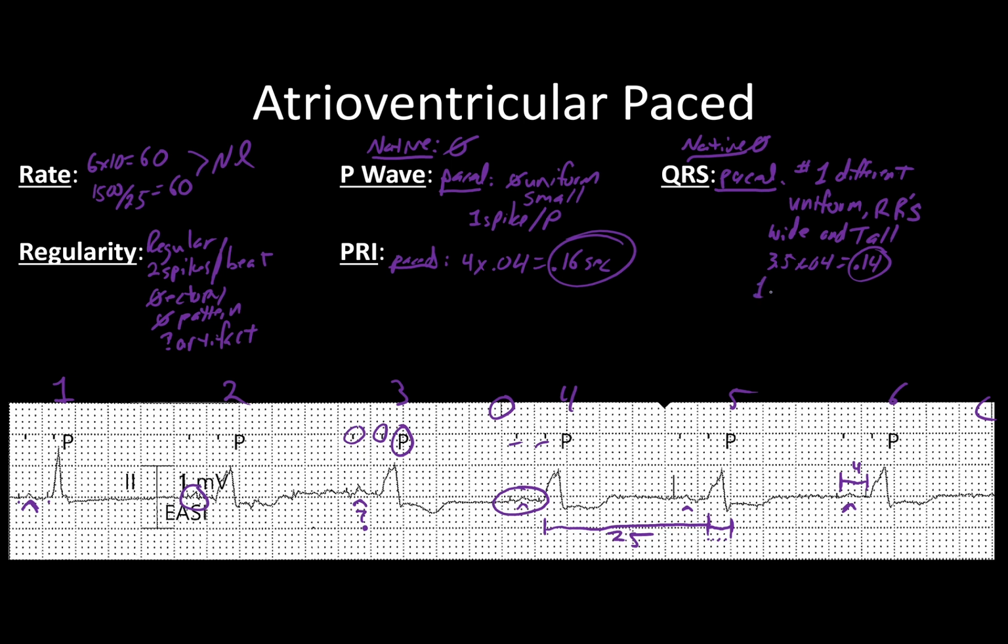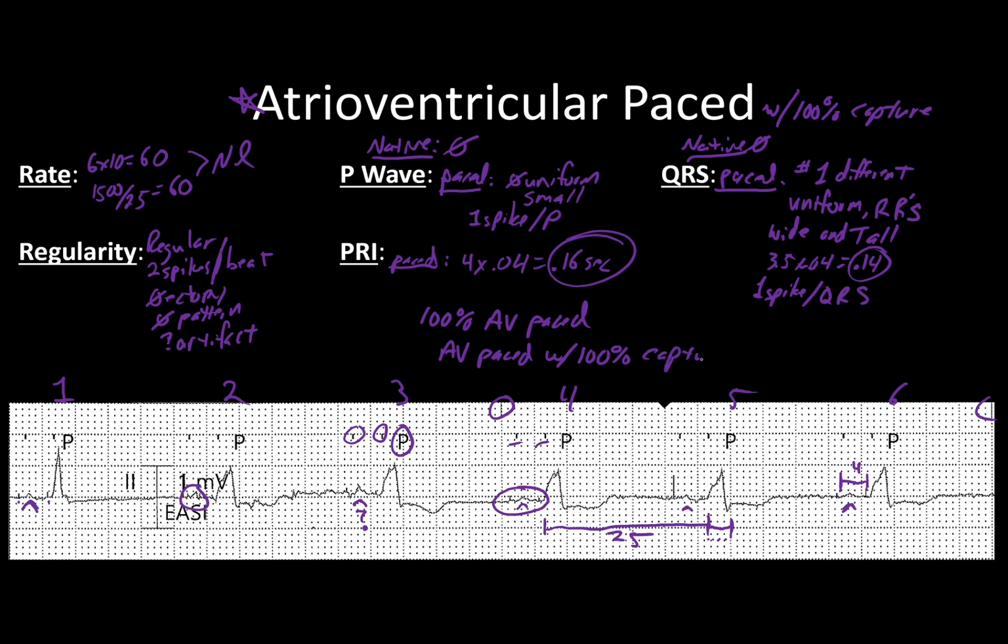And we have 1 spike per QRS, and that's enough to say that the patient is atrioventricular paced with 100% capture, or you could say that they're 100% AV paced, or AV paced with 100% capture. Any of those would kind of work.